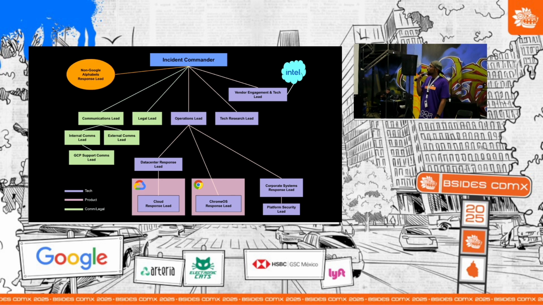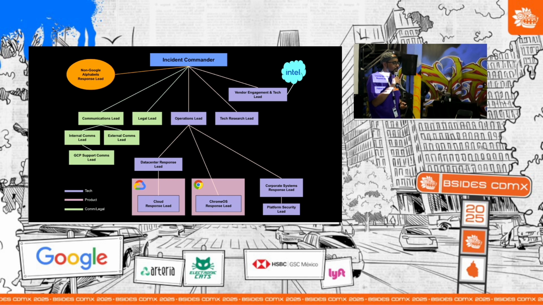And the last one is the non-Google Alphabet's response lead. It's somebody that deals with something called non-Google Alphabets. Can anybody tell me what that means, if anybody knows? Okay, so basically Google is part of a company called Alphabet, and Alphabet doesn't only have Google, it has other companies.